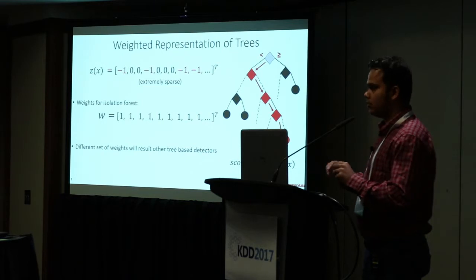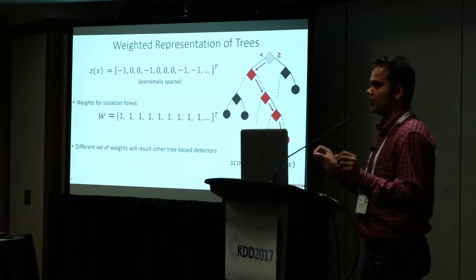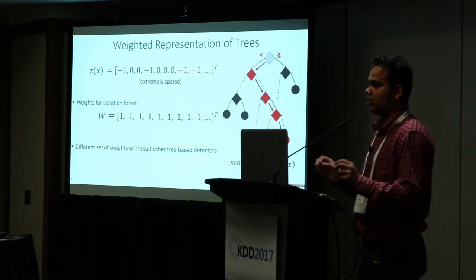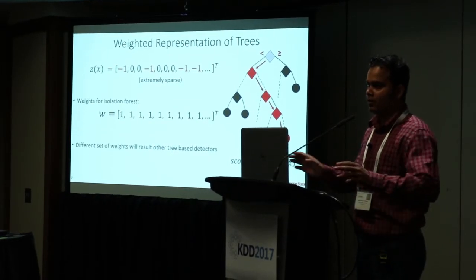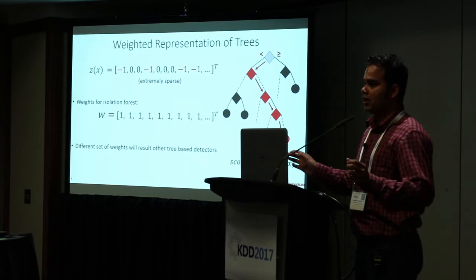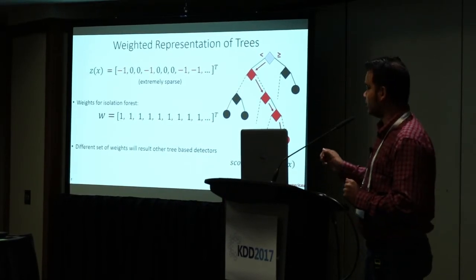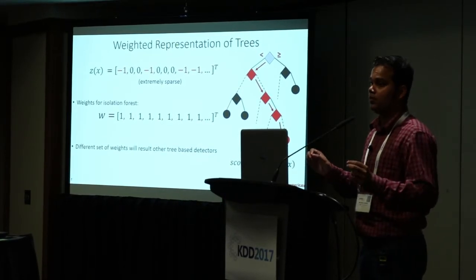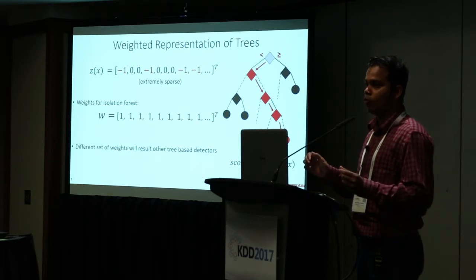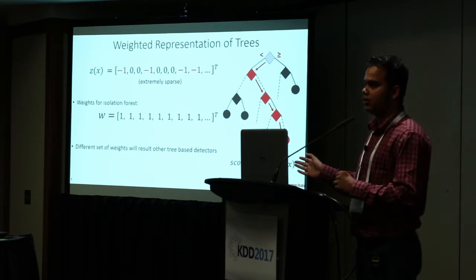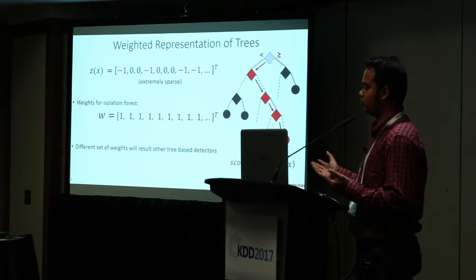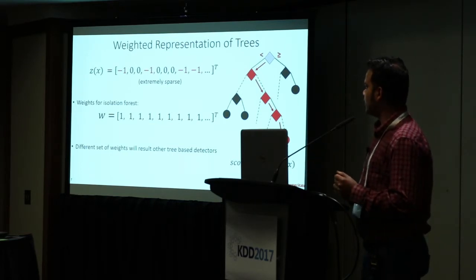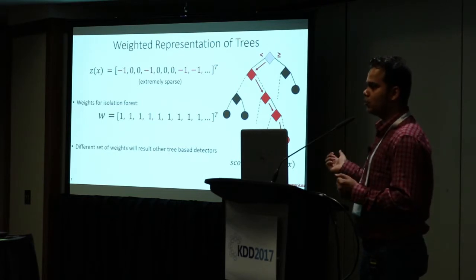This new feature representation is actually really large, because its size is the total number of nodes in the entire collection of trees. But the good news is this vector is really sparse. Maybe we have 1,000 nodes in this entire tree, but for one instance, probably at most 10 nodes will be active. Then we have to assign weights on each of the nodes.